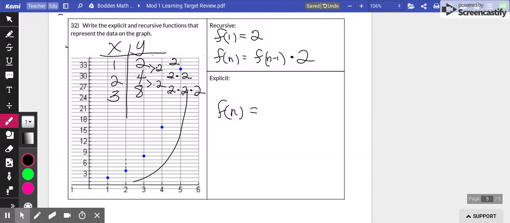And how many times? The same as the term number. Another way to look at this is I have 2 times 2 because I have my original number, and I keep multiplying by 2 to the n minus 1.